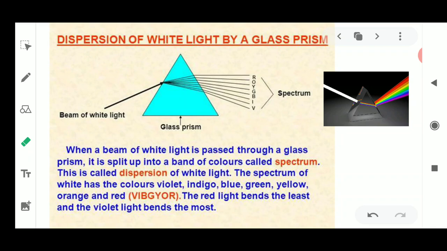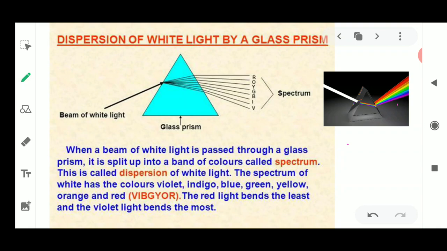When a beam of white light passes through a glass prism, it splits up into a band of 7 colors. This band of 7 colors is known as the spectrum, and this phenomenon of splitting up of light is known as the dispersion of white light. So what is dispersion?